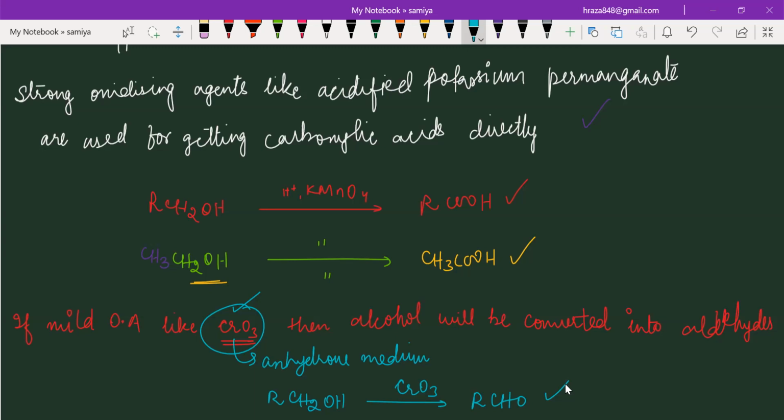So how are we going to oxidize it? We will be in need of an oxidizing agent.